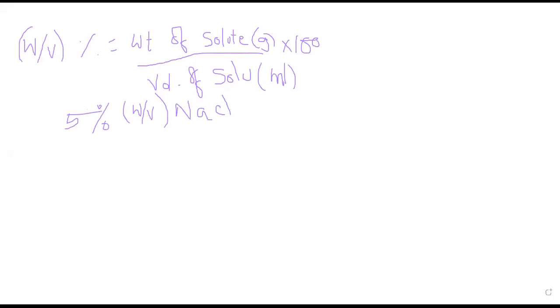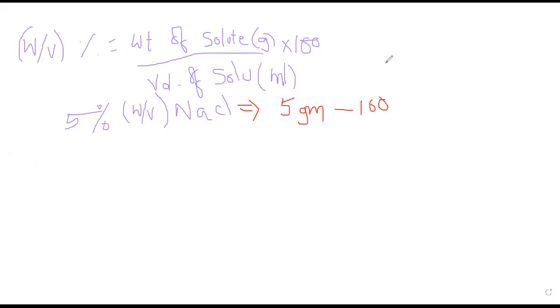Without understanding, it is not possible for us to proceed further. It implies that 5 grams of NaCl is dissolved in 100 ml of solution. Can you see the screen? What is the main difference between the last case and this one?